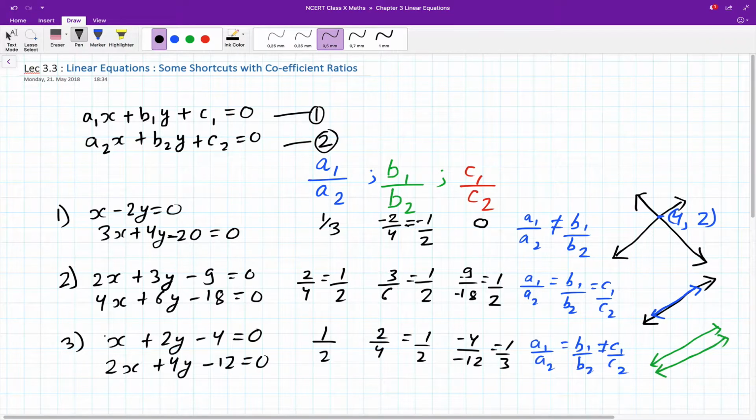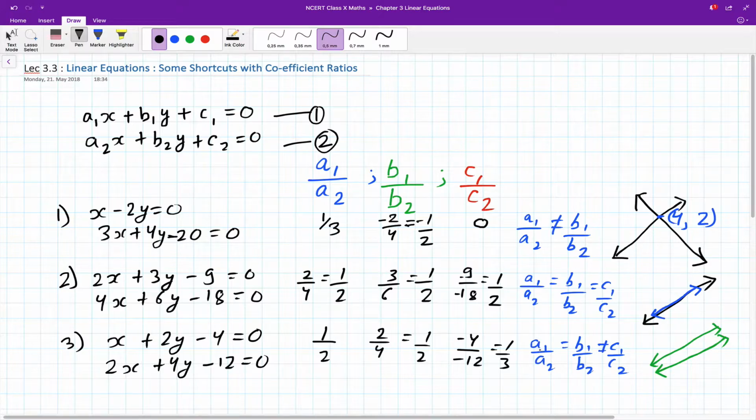And in our third example, we had two equations for the railway lines. The first one was x plus 2y minus 4 is equal to 0. The second one was 2x plus 4y minus 12 equal to 0. In this case, if we look at the ratios, a1 by a2 is 1 by 2, b1 by b2 is 2 by 4, which is equal to 1 by 2, and c1 by c2 is minus 4 by minus 12, which is equal to 1 by 3.